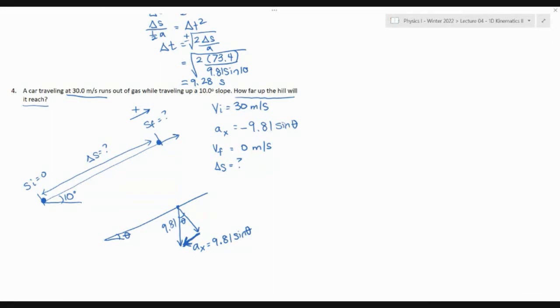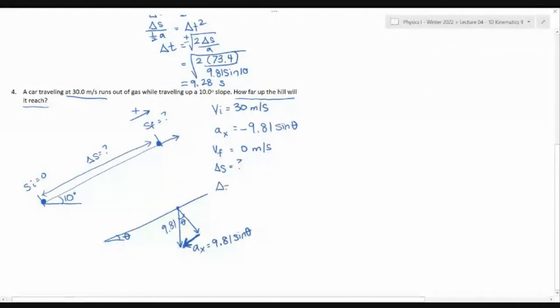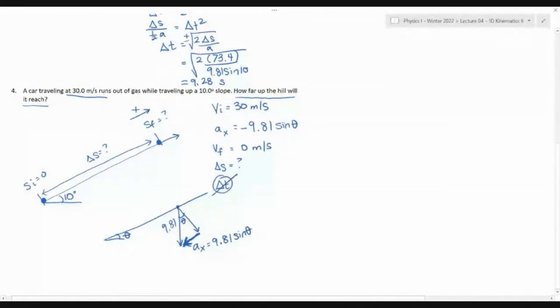So this time we know V initial, we know V final, we know acceleration. We're looking for delta S. What's the one variable we don't know and that we don't need to know? Yeah, good. Delta T. I'm just going to do this every time to help you think about which equation we should use.